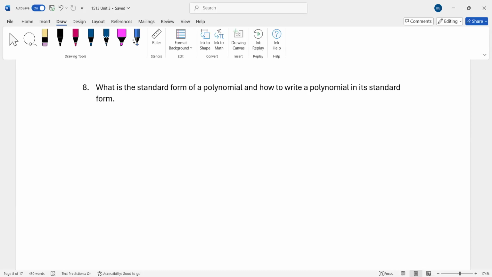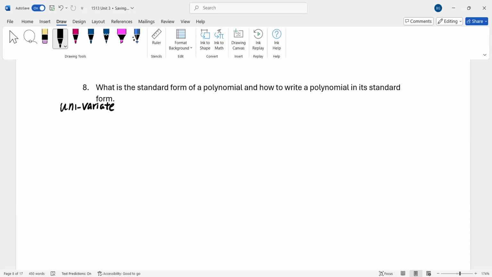Since we only consider polynomials in one variable, the polynomials we are going to talk about are univariate polynomials, okay? Univariate means one variable.